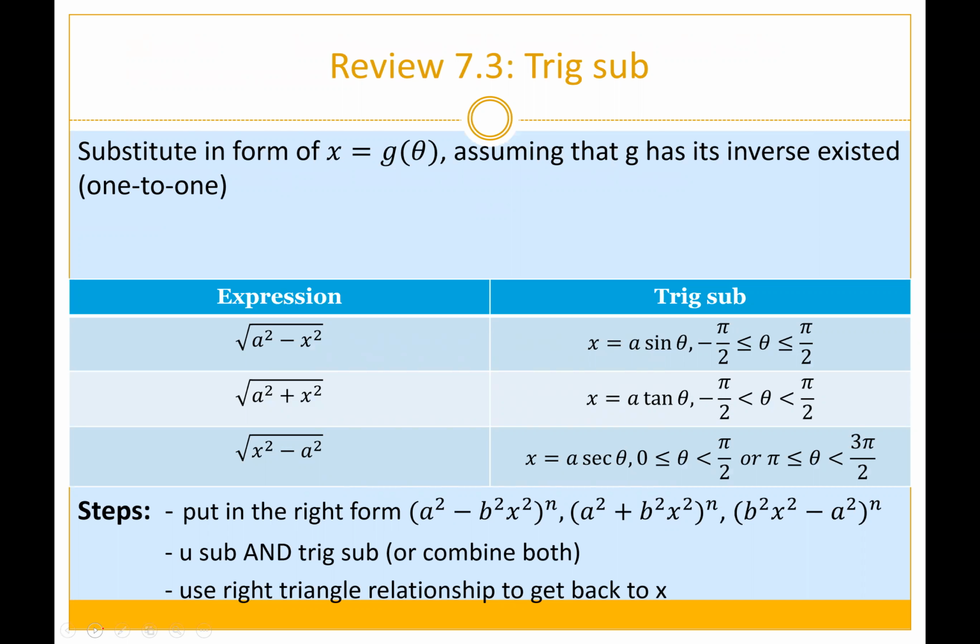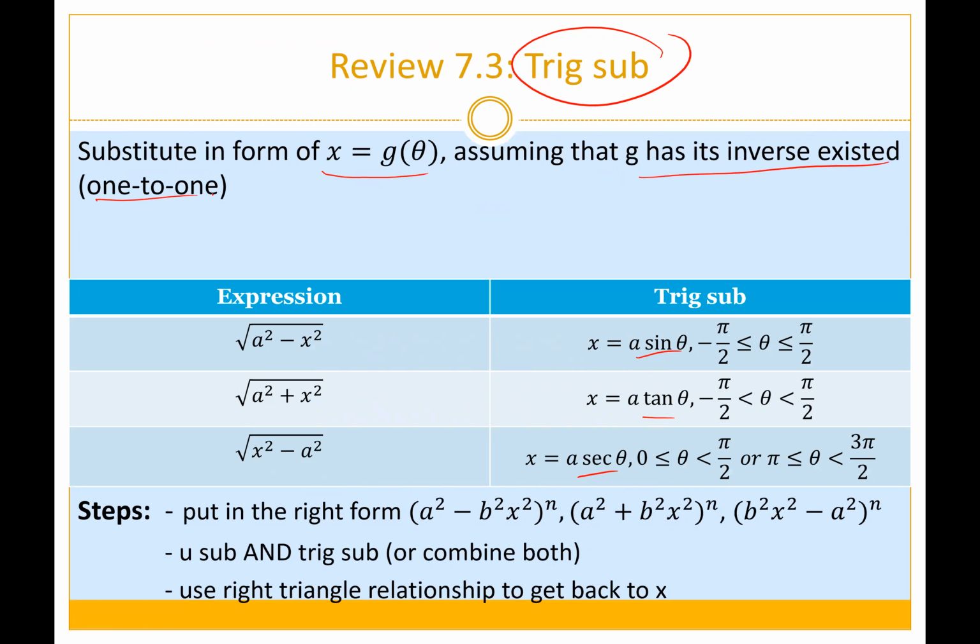First thing is 7.3, trig sub. Trig sub is when you do the substitution in the form of x equal to g of theta, where g can be one of the trig functions of sine, tangent, and secant, assuming that g has its inverse.